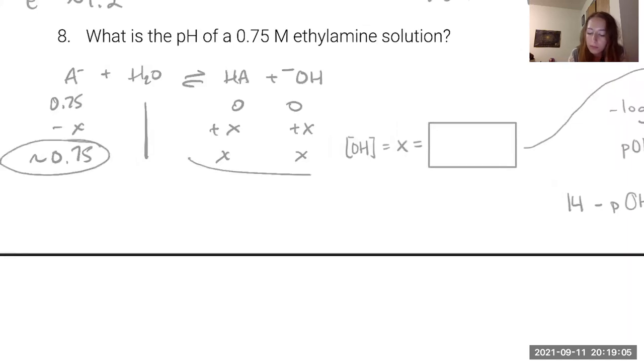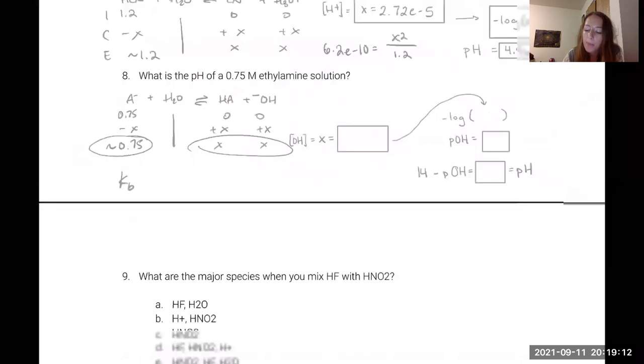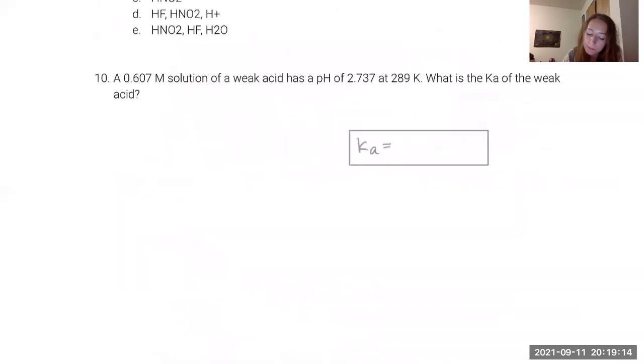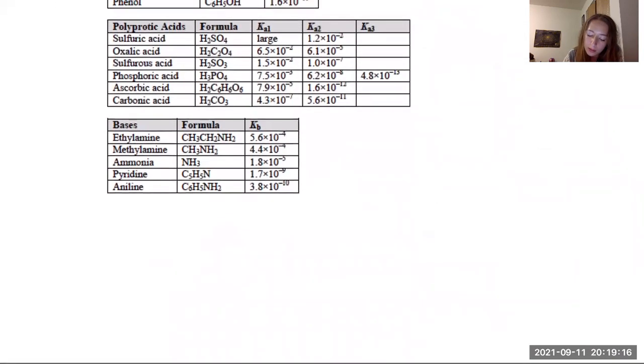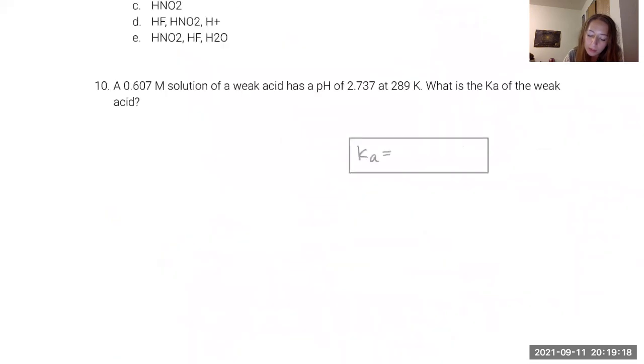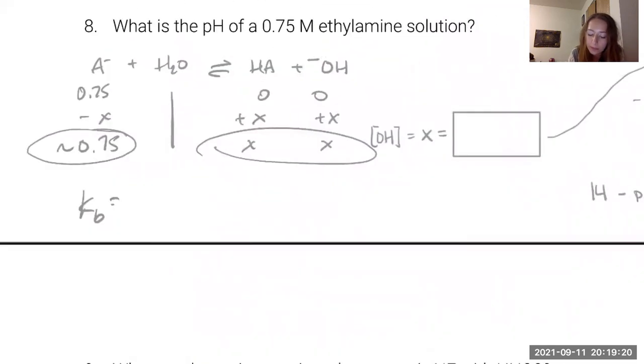So we have, again, products over reactants, equal to the Kb. Okay, so our Kb, let me go find it real quick. 5.6 E negative 4. It's equal to the product, so x squared over reactants, 0.75.